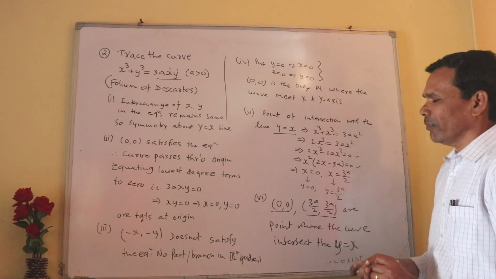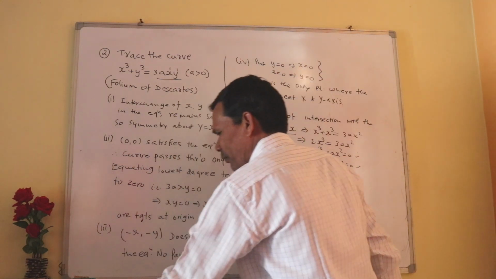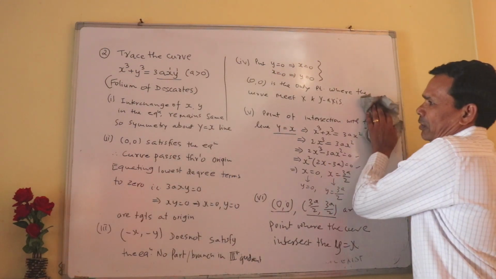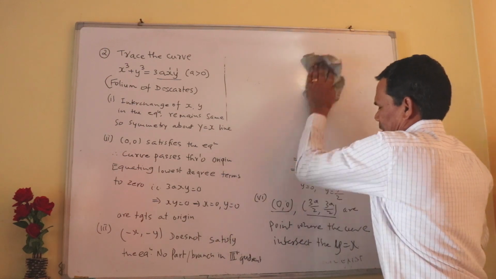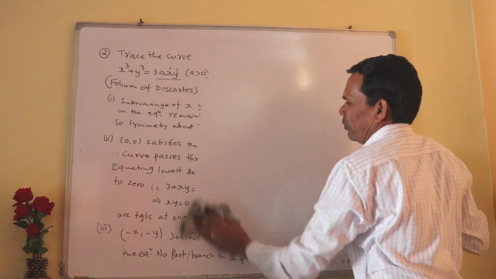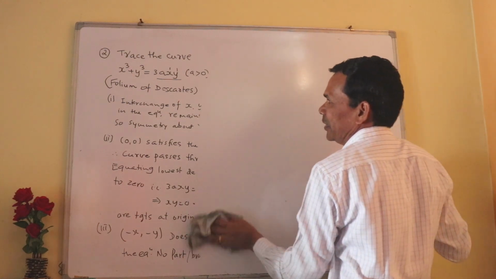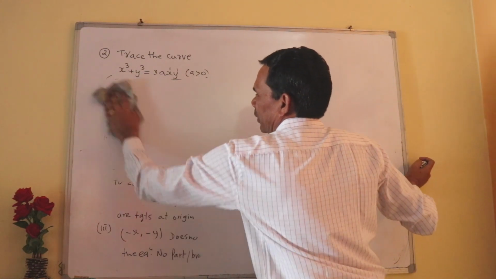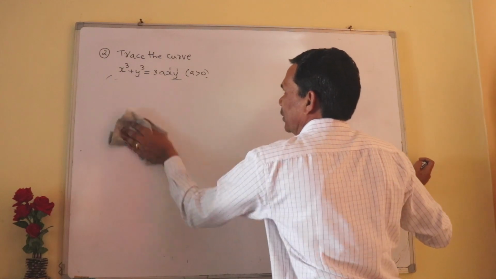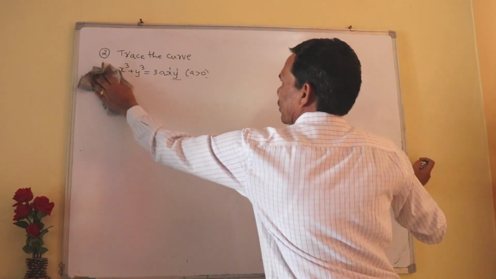Now next is finding the asymptotes for this curve. We find out whether they are parallel or oblique asymptotes. So x cube plus y cube is equal to 3 times axy is the curve.